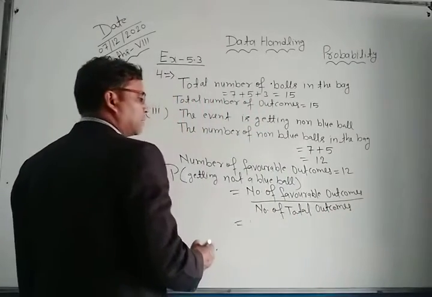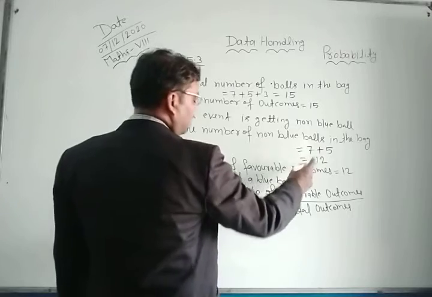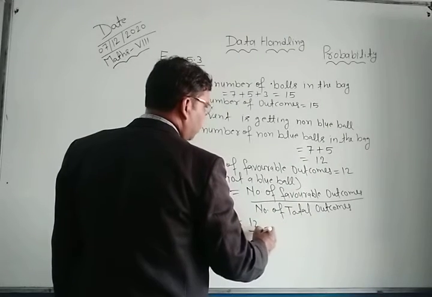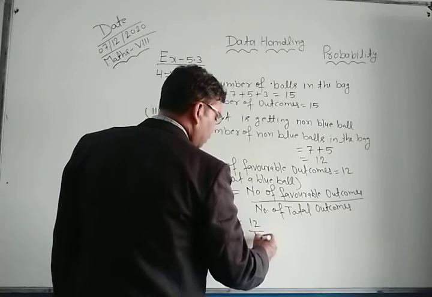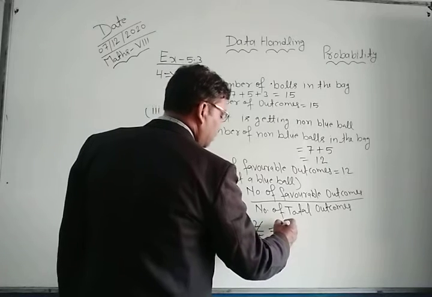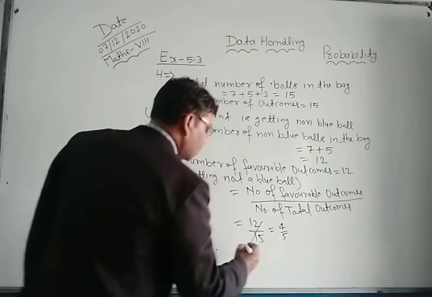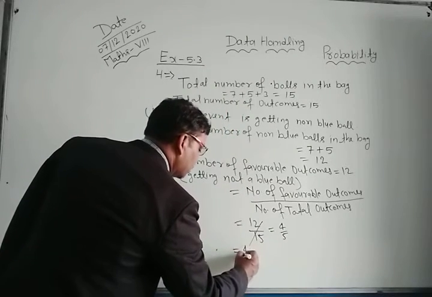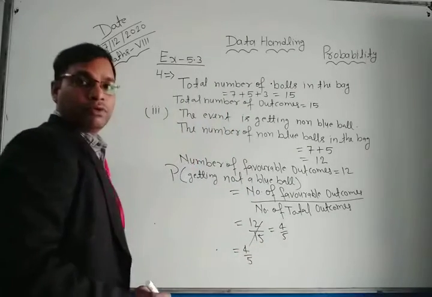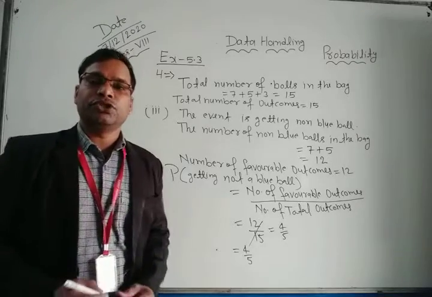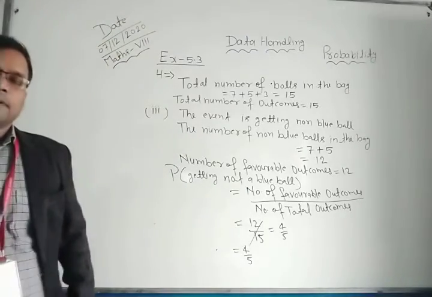This is equal to the number of favorable outcomes, here you can see 12, and total outcomes is 15. If you cancel this, then you obtain 3 4s are 12 and 3 5s are 15. So your required probability is 4 by 5. What is your required probability? This is equal to 4 by 5.